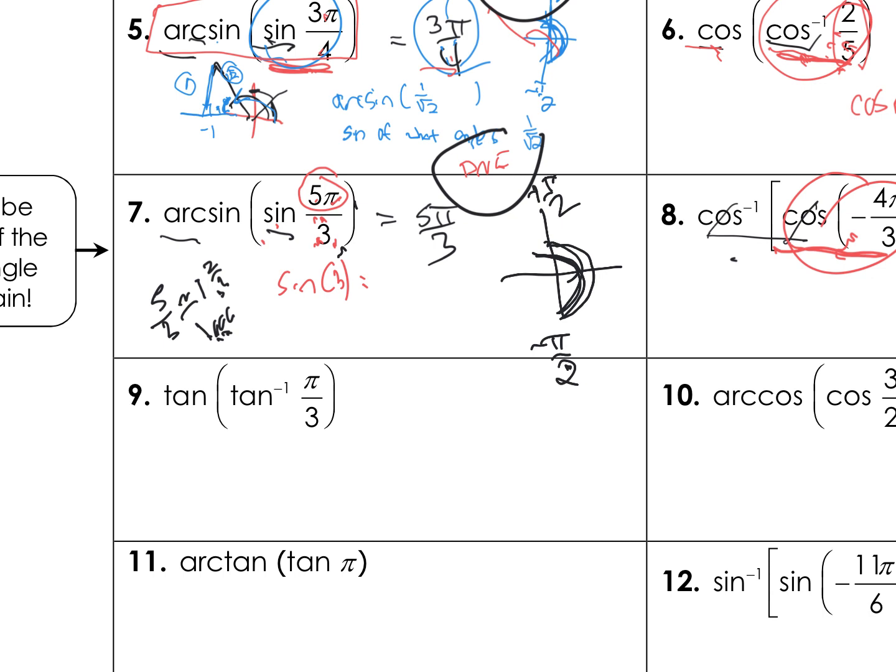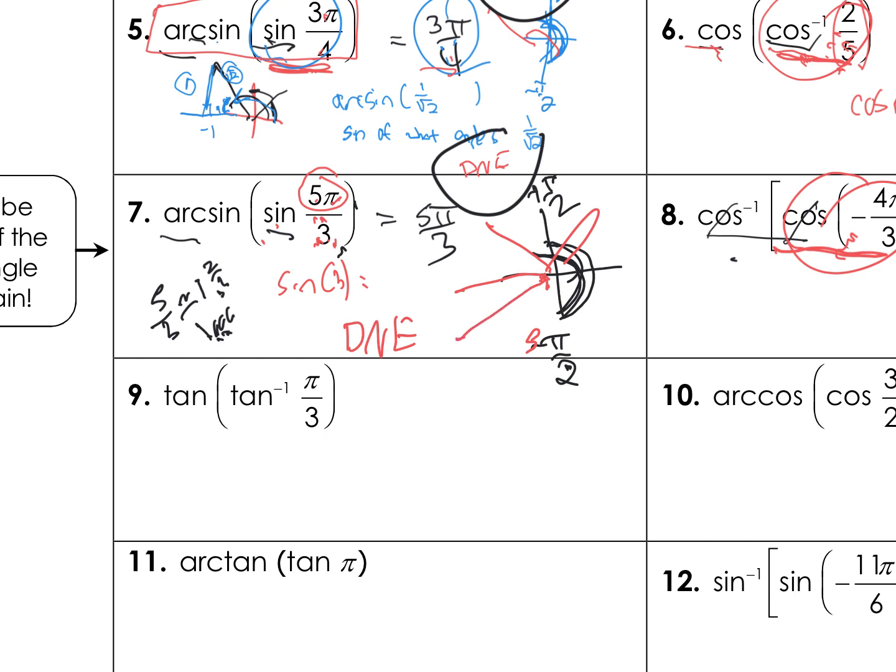I'm led to believe that this does not exist. Because it's just slightly 5 pi over 3. If I was to draw where the angle goes, 1 pi over 3, 2 pi over 3, 3 pi over 3, 4 pi over 3.